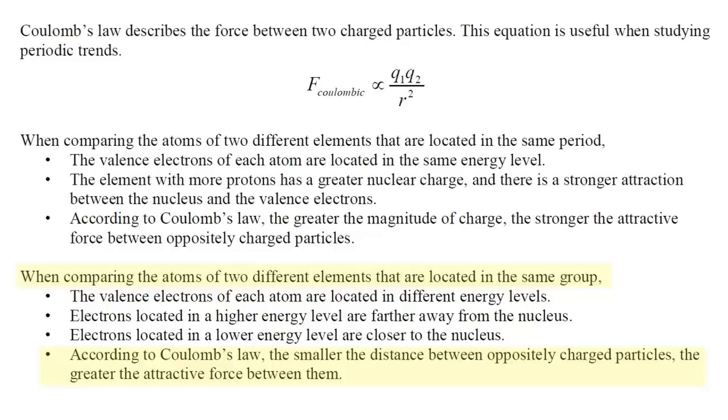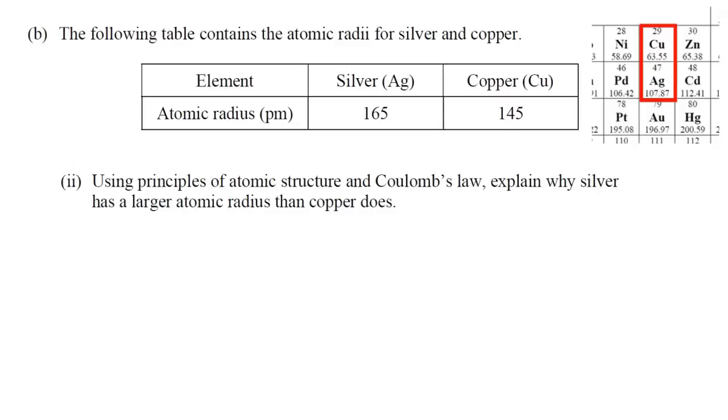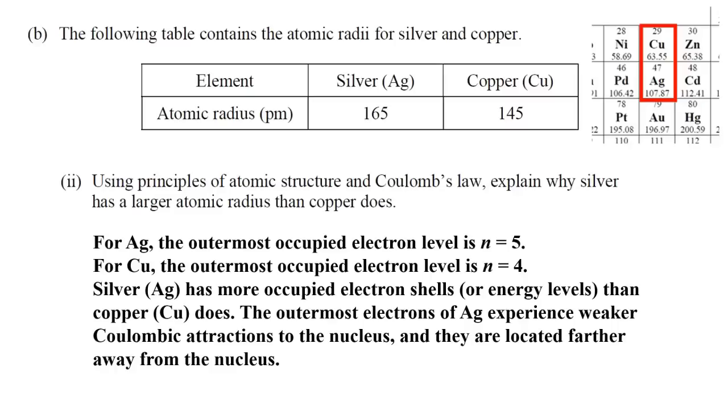All right, let's take a look at the official answer that I have come up with for part B II. Explain why silver has a larger atomic radius than copper does. For silver, the outermost occupied electron level is level 5. So it's a mixture of 5s and 4d. And then for copper, the outermost occupied electron level is level 4.